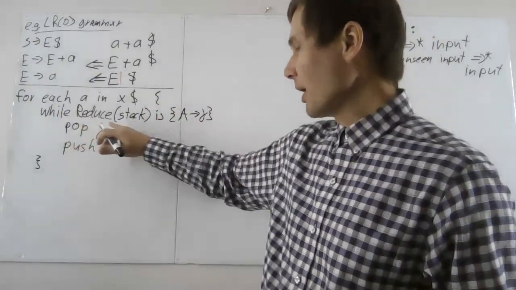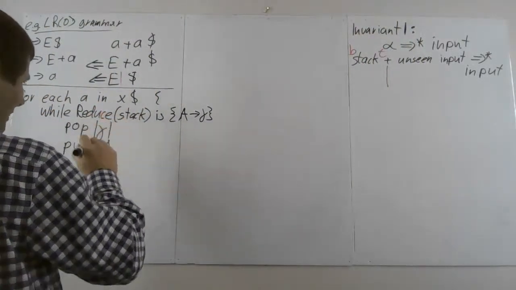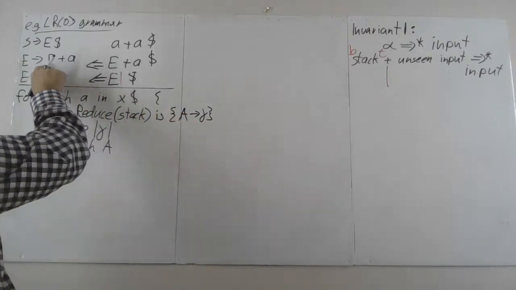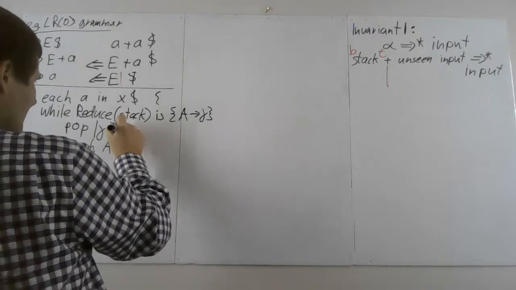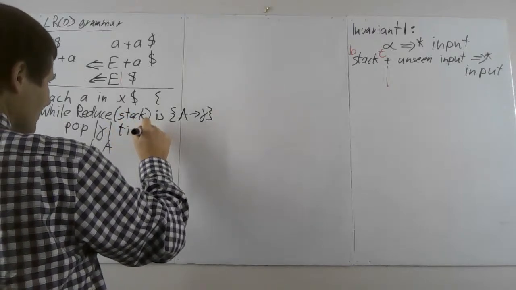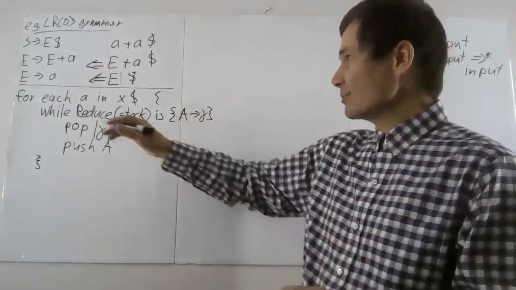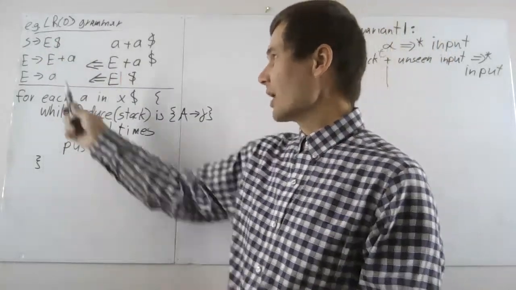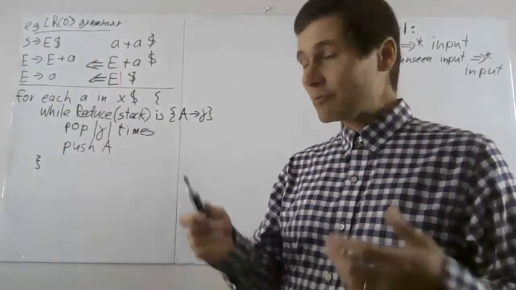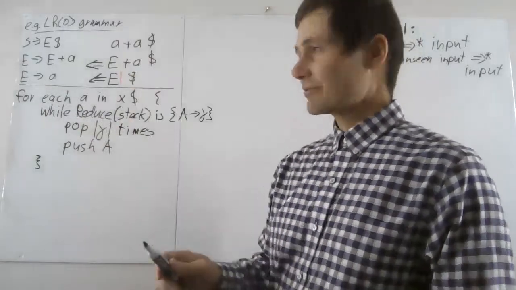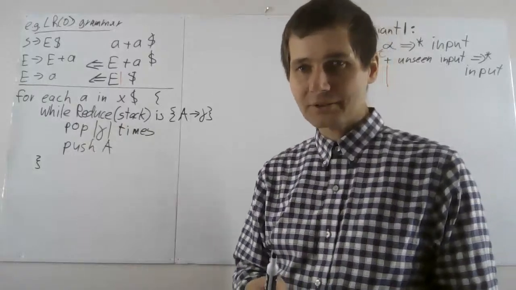So when I pop these symbols off the stack, I really just need to pop however many symbols there are in gamma. In this case, I need to pop three symbols off the stack. So I'm going to say pop size of gamma times, but reduce won't tell me to use this rule unless the top of the stack actually is E plus A. When we go to implement reduce, we're going to have to make sure that the top of the stack actually is gamma in those cases.